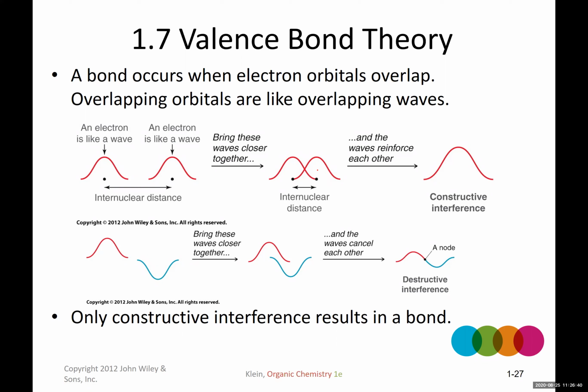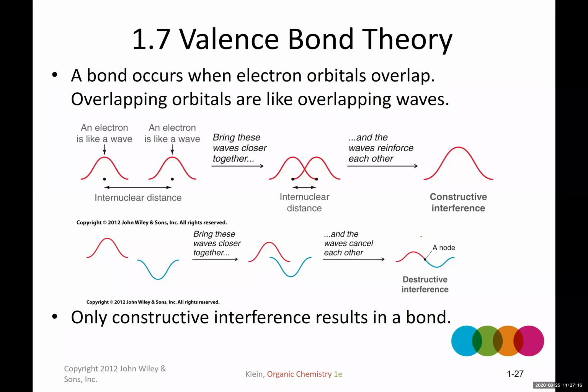When they're in phase, you get what's called constructive interference. The waves reinforce each other, and you get strong bonding. It's also possible that the phase of one orbital is the opposite of the phase of the other. One has a positive phase, one has a negative phase. In that case, you get destructive interference, and you get a node between the nuclei. It won't result in a bond.